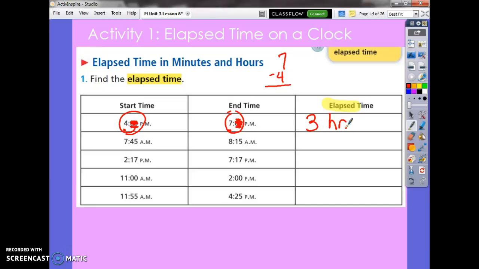Right? Let's look at our next one. I'm looking now at 7:45 a.m., ante meridiem, which means before noon. Meridiem means noon. Ante means before.